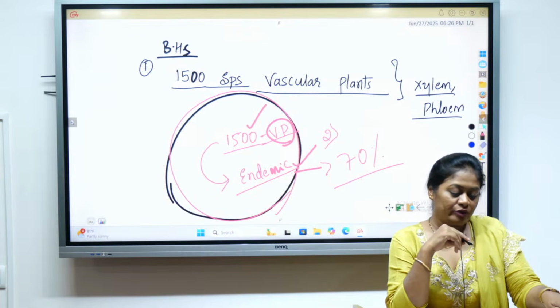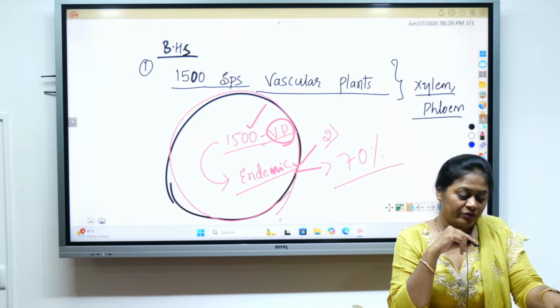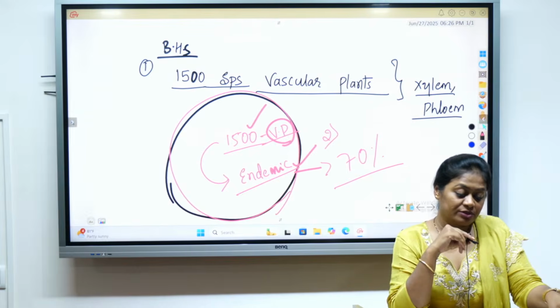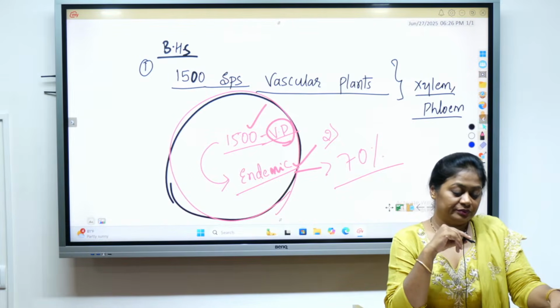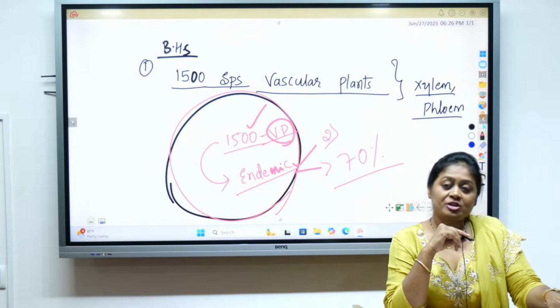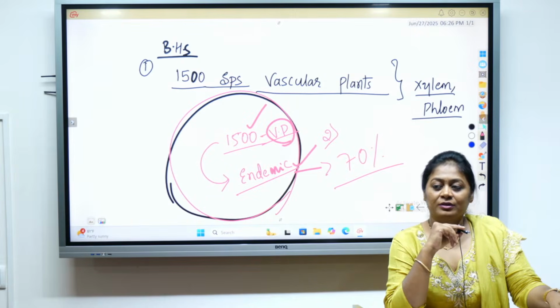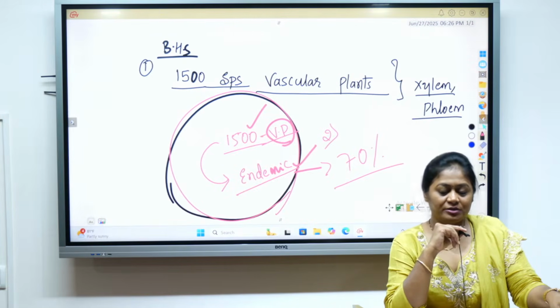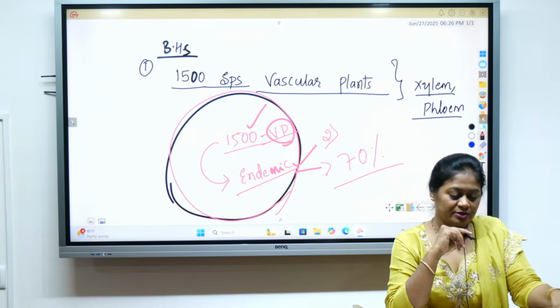Second, it must have lost at least 70% of its original habitat. So what is the minimum that should remain? If 70% is gone, how much is left? 30%. So it must have a minimum of 30%.